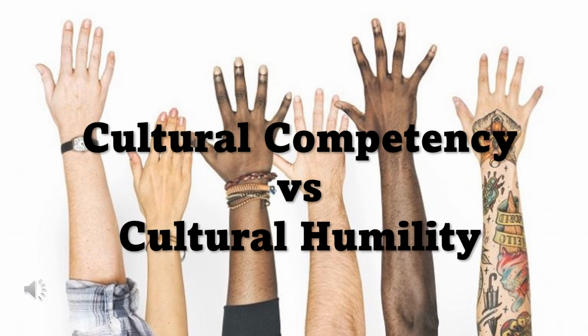So this will segue into our other topic, which is going to be cultural competency versus cultural humility. Cultural competence is defined as the ability to work effectively with people from different cultural backgrounds.